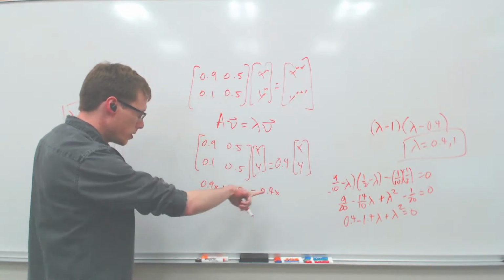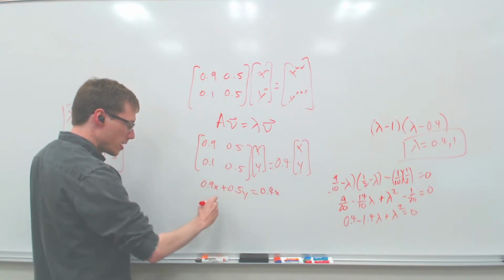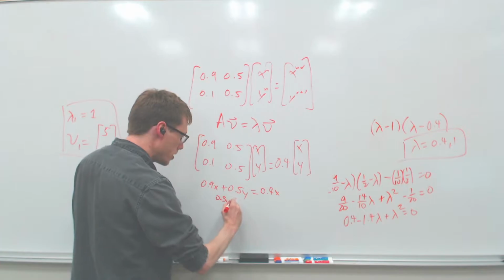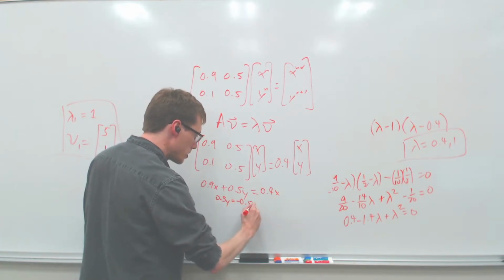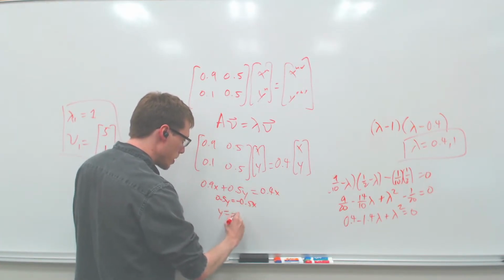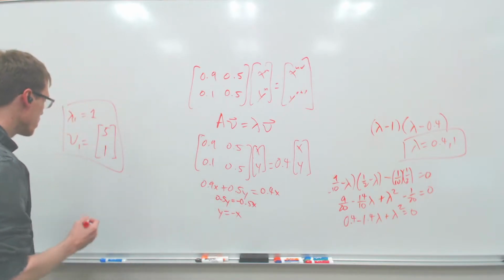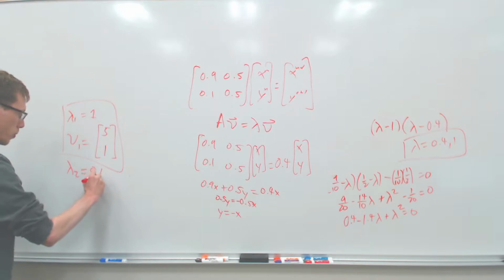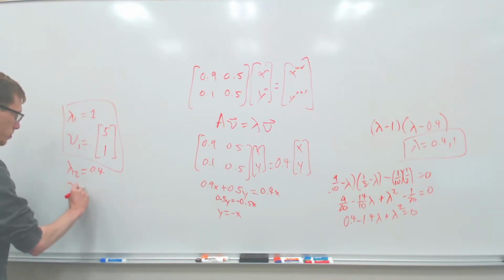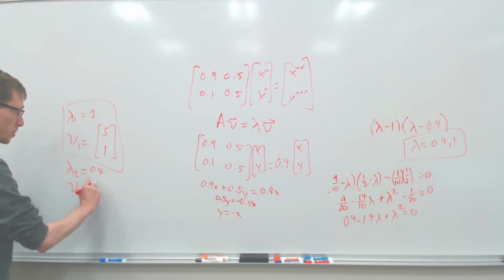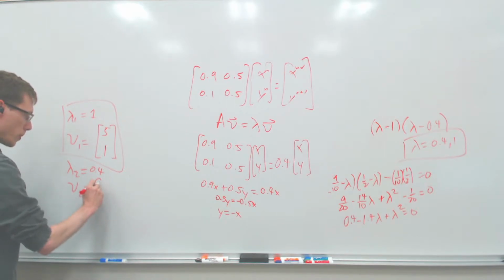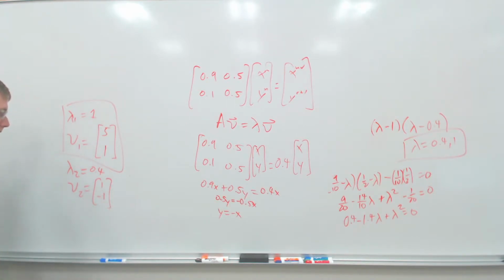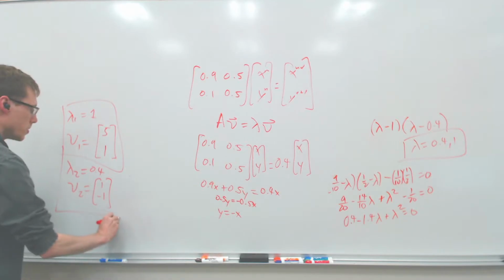Let's move it to that side, and we get 0.5y is equal to minus 0.5x. Therefore, y is equal to minus x. So what we can do is say lambda 2 is equal to 0.4, and v2 is equal to, we'll just choose, 1, minus 1. Something nice and easy.